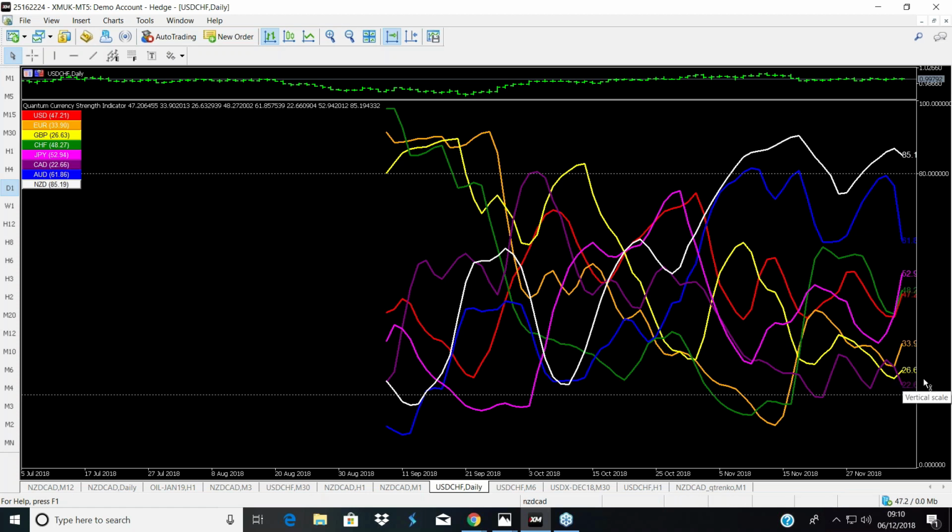And I always knew that was the case, and particularly with the New Zealand dollar, that also explains why the New Zealand hasn't rolled over yet in any meaningful way against the Canadian dollar. But I'm in this position against the Swiss, we can see here, which is the green one, which is going higher. And I'm also in the Aussie, because you can see here now, the Aussie has turned down quite sharply.